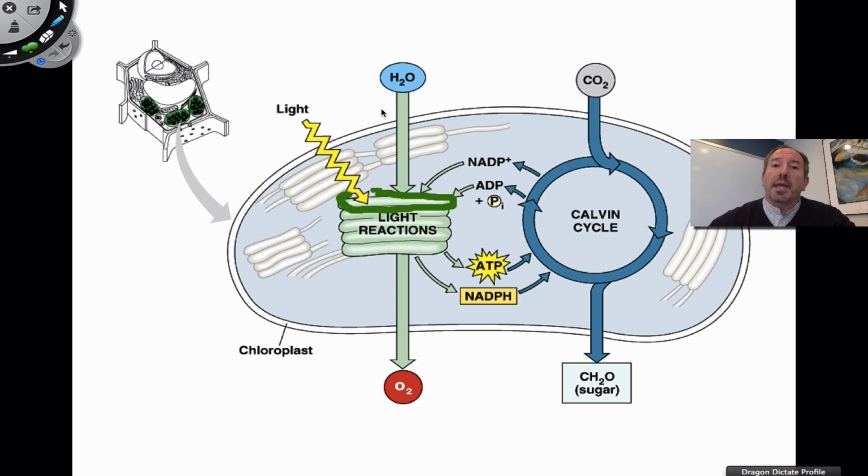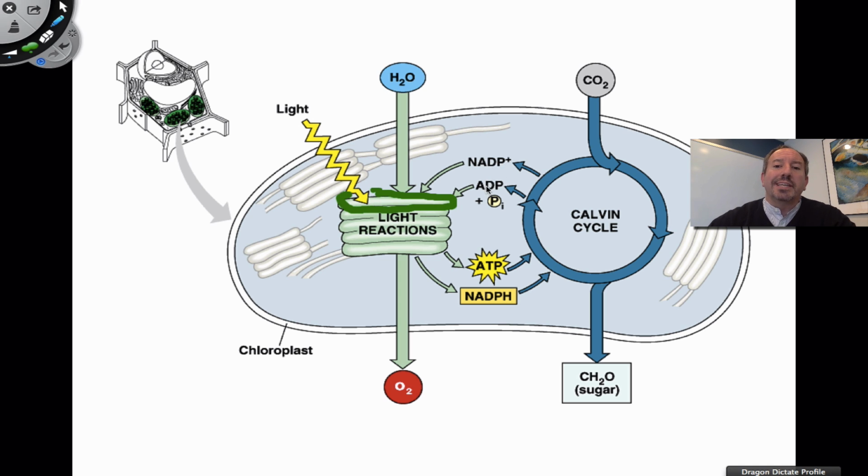And so the inputs or reactants for the light reaction are, of course, light. Then we have water. Water is used in the light reaction. Water is oxidized to produce oxygen, as it turns out, and we'll look at the detail of that. And also you need NADP+. It's sort of the cousin of NAD+, it just has a phosphate on it.